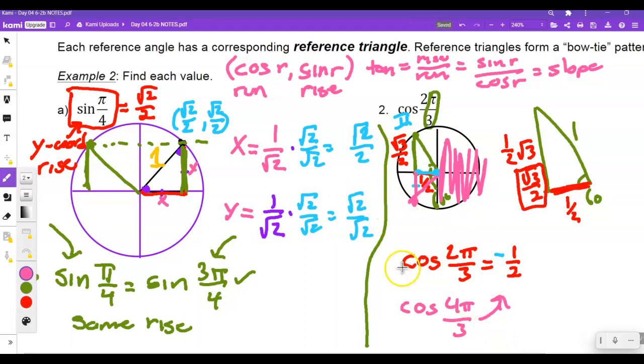So if you think cosine, when is cosine negative? It's when x is negative. Where is x negative? Second and third quadrant. If you think of sine being negative, where is y negative? Third and fourth quadrant, right? So as you're learning this, getting used to the sine cosine business, just think of x and y as cosine and sine. All the rules for the x-axis are the same as the rules for cosine as far as positives and negatives.